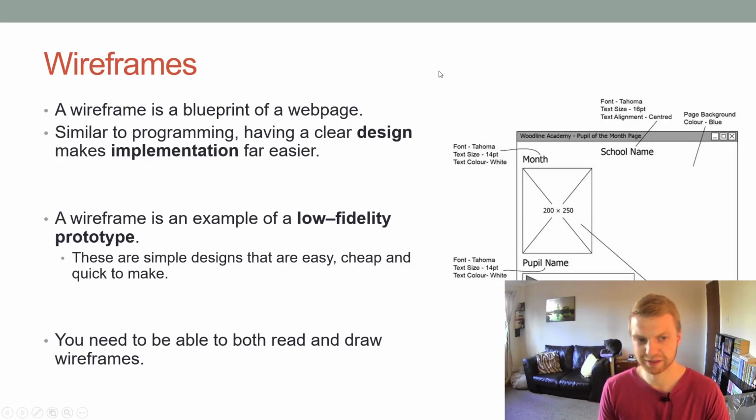The same applies for web design. If you know what to do, you're not just making it up from scratch, your life is going to be easier. So the point of this video is to help you understand this, to make your life easier. And I've also got a cheat sheet in a second, I'll show you.